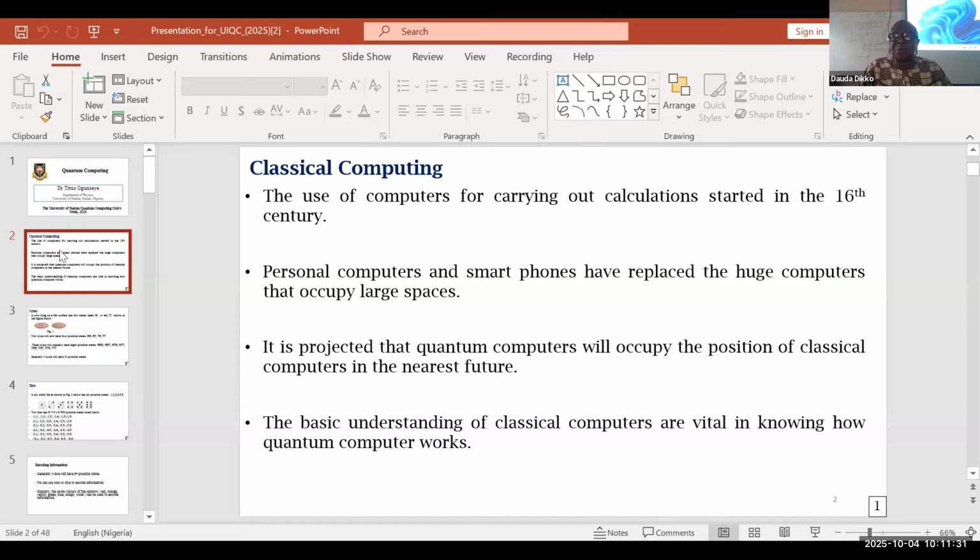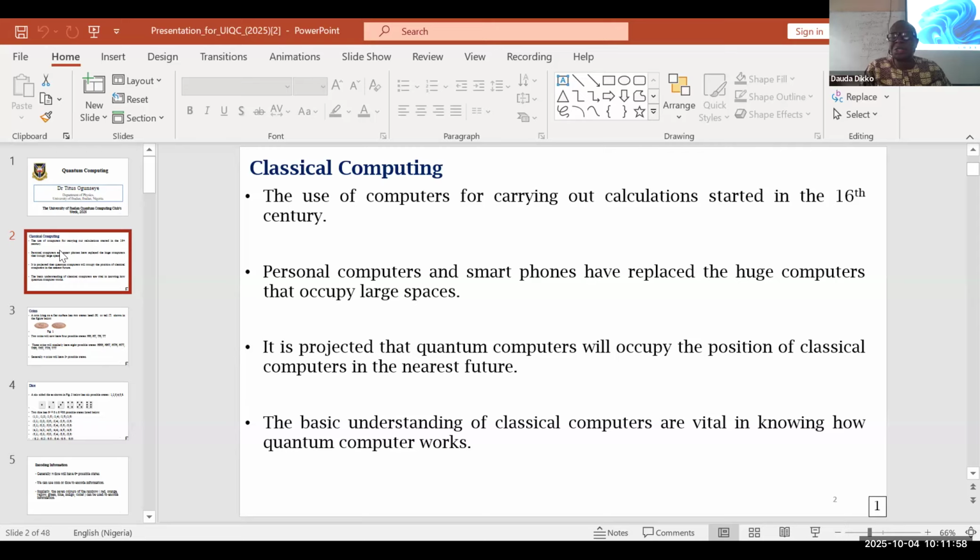The use of computers for carrying out calculation started in the 16th century. At that particular period, computers occupied large spaces. We could have a computer that occupied an entire room.